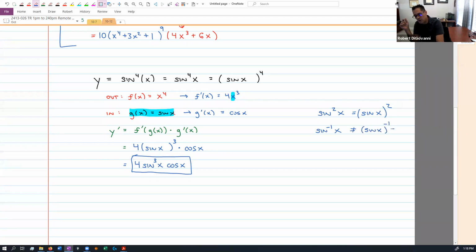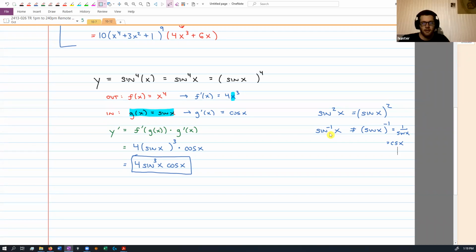Sine x to the negative 1 would be 1 over sine, which is cosecant. That's not what this means. This means the inverse sine function, the arc sine. Oh, that makes sense now. So that's a screwy one then.